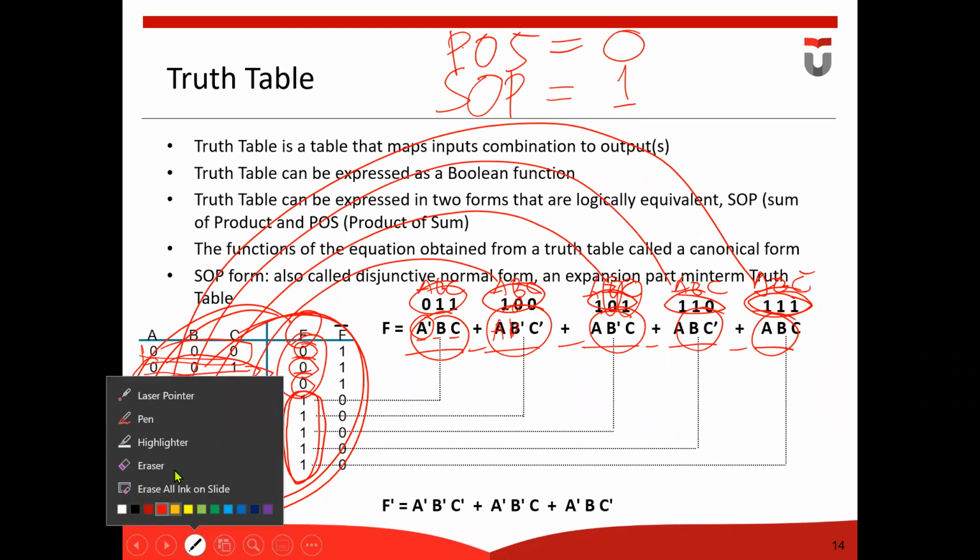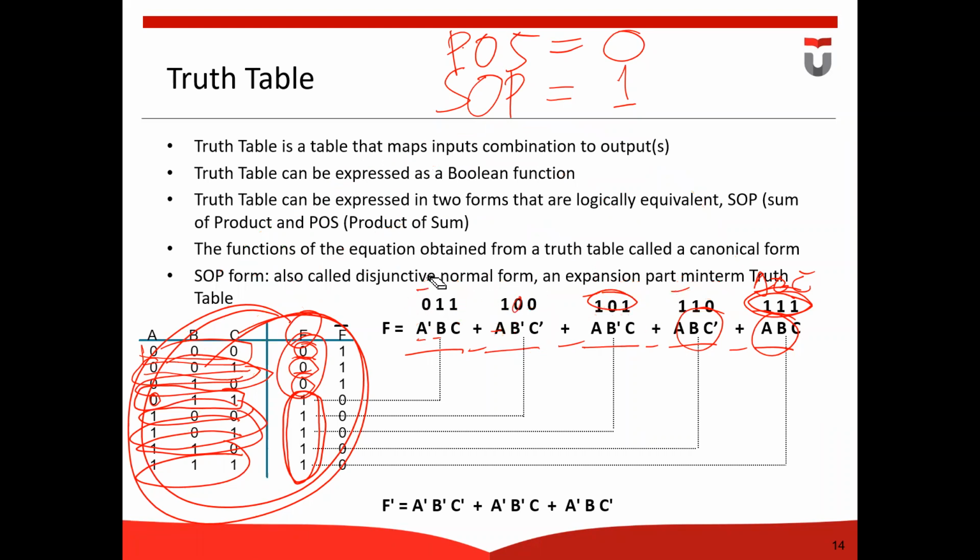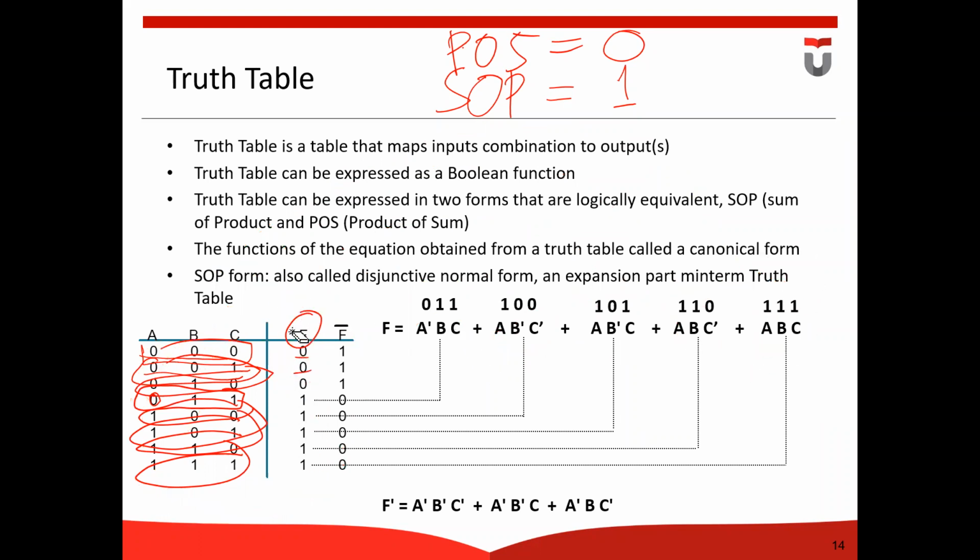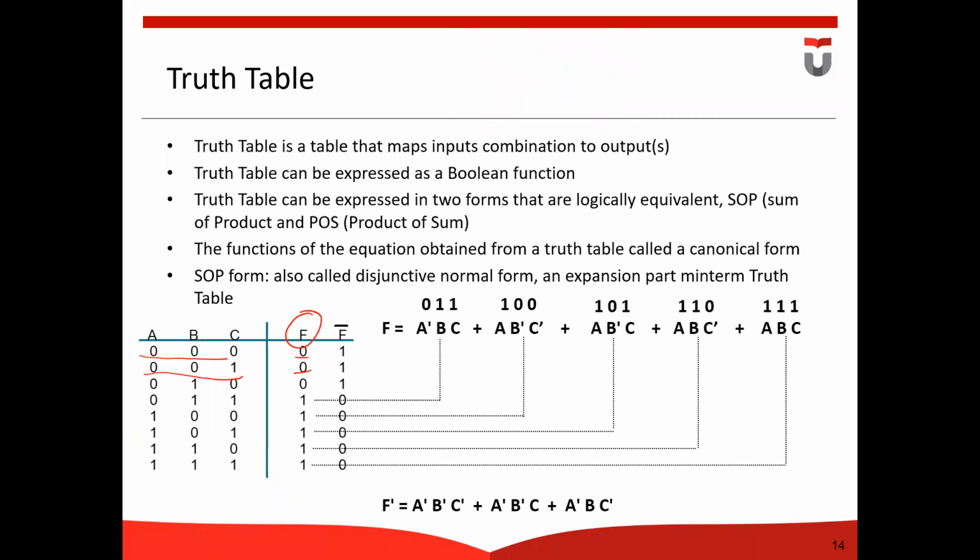Now, let's try to erase first, because it's too crowded here. Okay, because POS try to find 0 and SOP try to find 1.